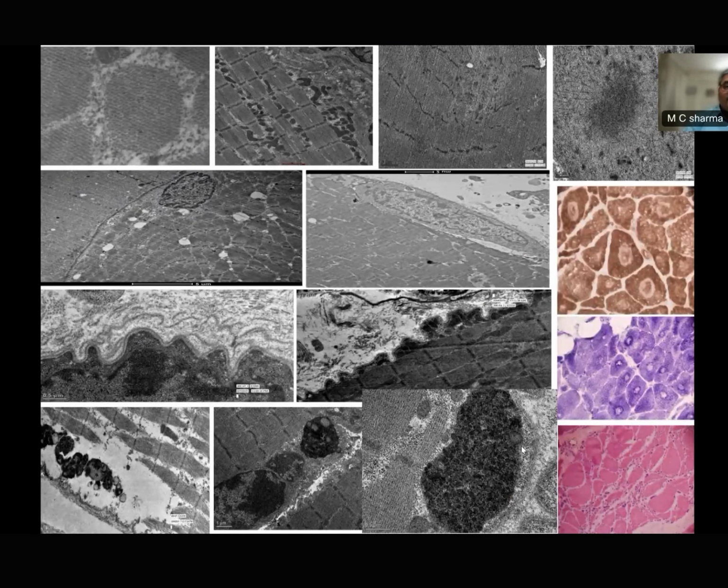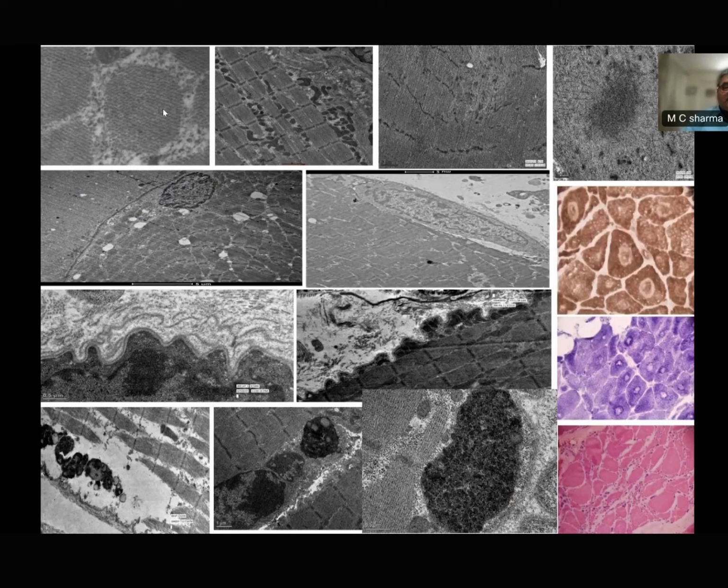Now for electron microscopy, the section should be longitudinal. For the H&E, we prefer the transverse section, but for the electron microscopy, it should be longitudinal. These are some of the mitochondria. In between, these are the Z bands, and these smaller, darkly stained areas are glycogen.